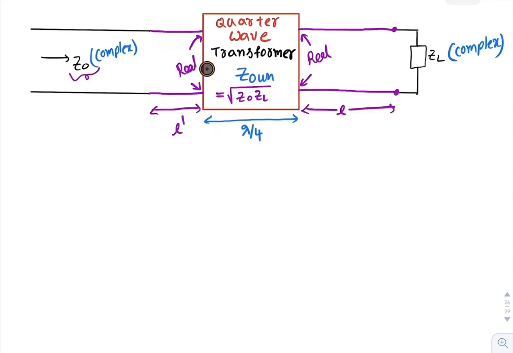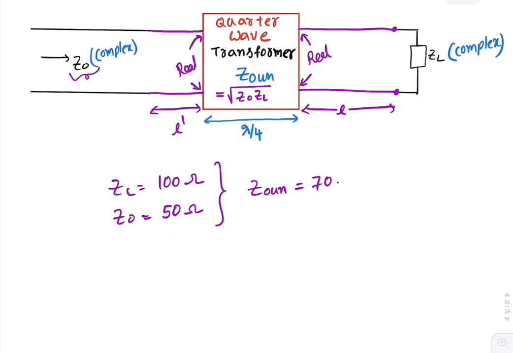But there is a problem here. The problem is, let us say ZL equal to 100 ohms and ZO equal to 50 ohms. We already did this problem where we got the characteristic impedance of the transmission line ZO unknown as 70.71 ohms.